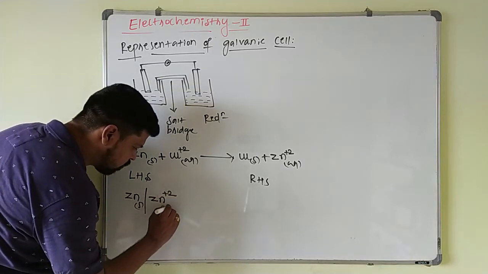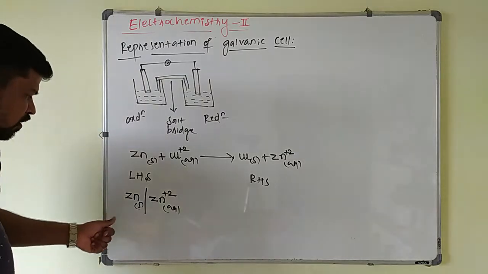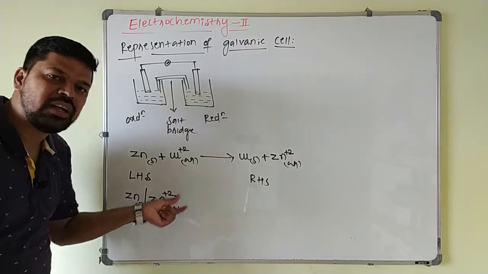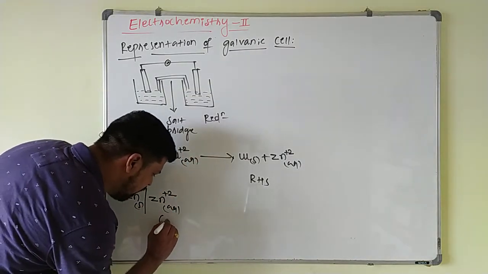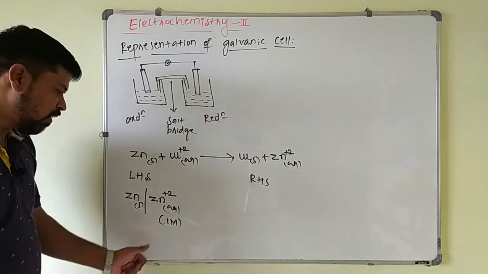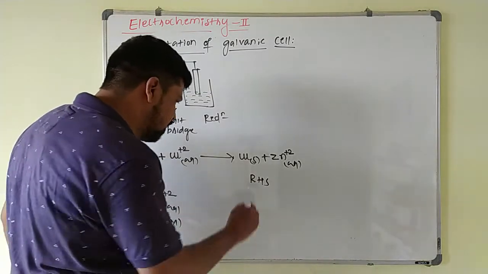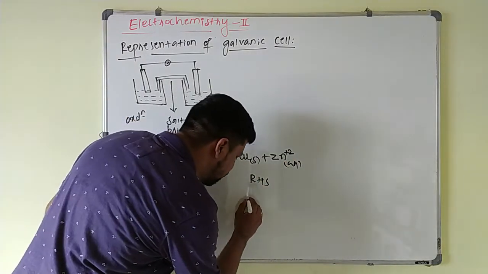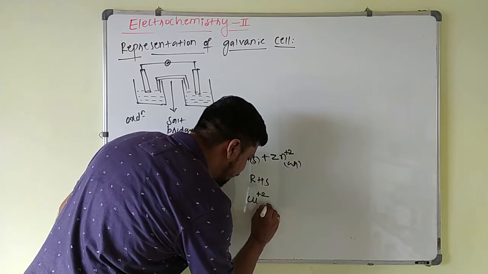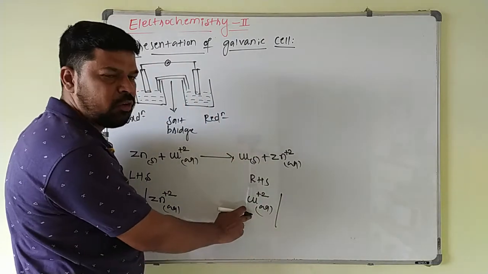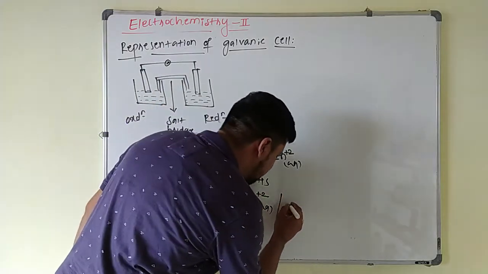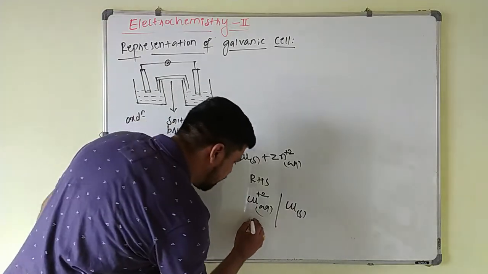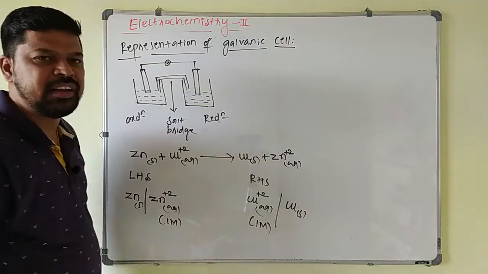This is Zn+2 in the aqueous medium, and here the concentration must be written in the bracket. If I take a 1 molar solution, I will write it like this. Now the reduction half cell: here copper +2 is converted into copper. The reduction half cell is represented by putting a vertical line between the electrolytic solution and the electrode, that is solid copper. The concentration of the solution must be written in the bracket. This is 1 molar if I take.